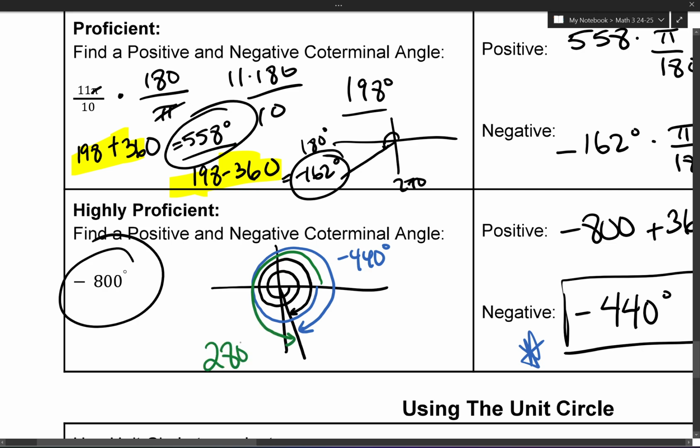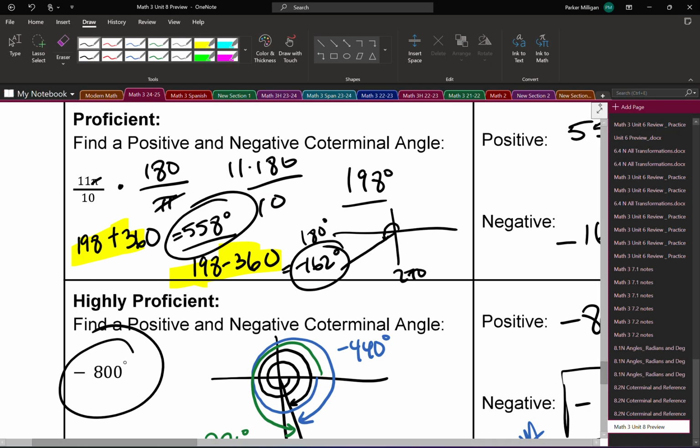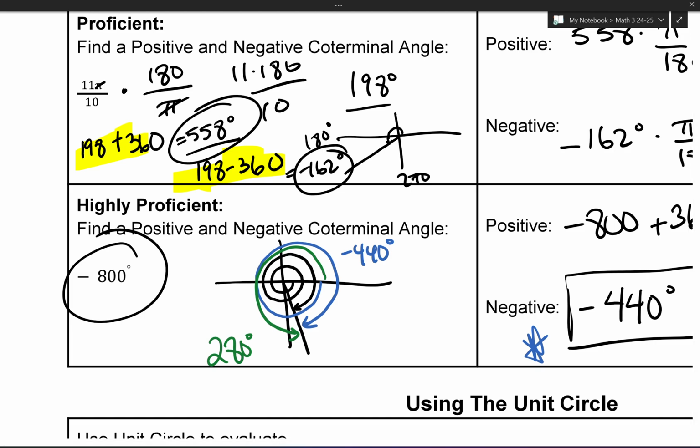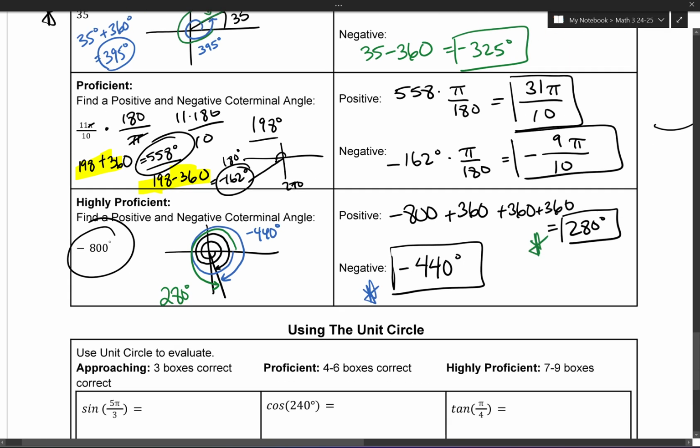That's 280 degrees. And the one drawn in black is negative 800 degrees. They're coterminal angles, but they're different sizes, and they go in different directions, but they all land at the same spot.